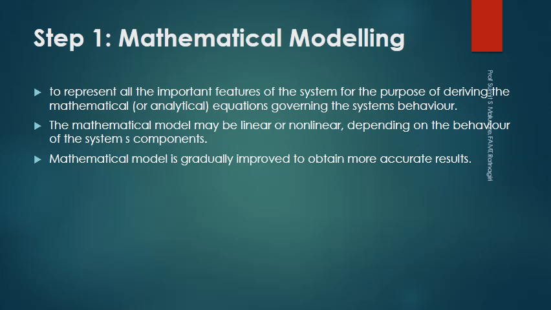The mathematical model may be linear or non-linear, depending upon the behavior of the system components. The mathematical model is gradually improved to obtain more accurate results. It means that initially we can't get everything about the mathematical model. It is gradually improved one by one by analyzing the system.